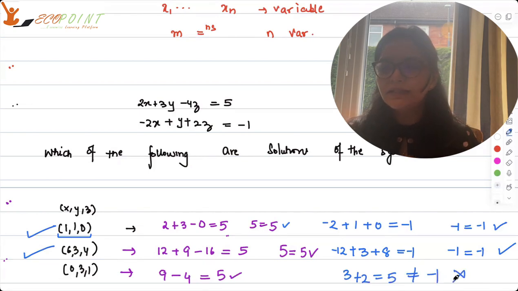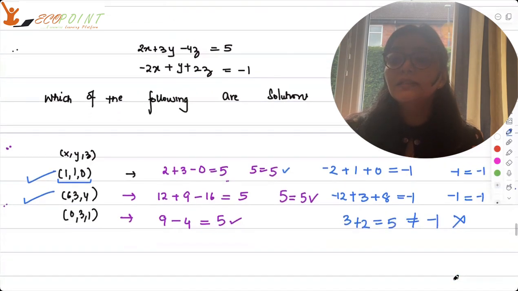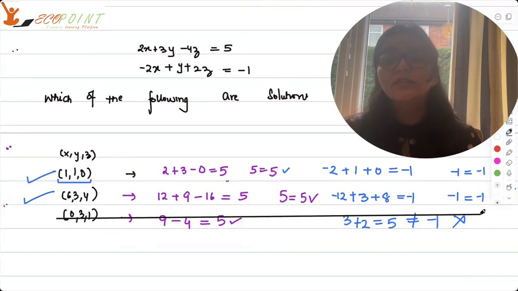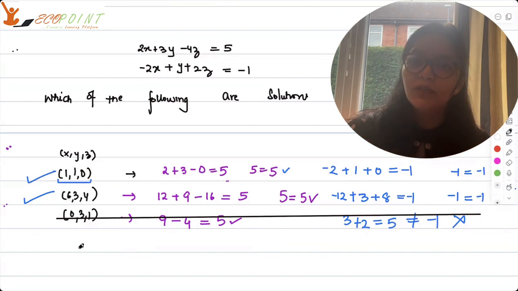So it's not satisfying the second equation. Since it is not satisfying the second equation, we say this is not a solution to the system of equations. So a system of equations is solved by a certain n-tuple, which means all the equations are satisfied by that particular tuple.